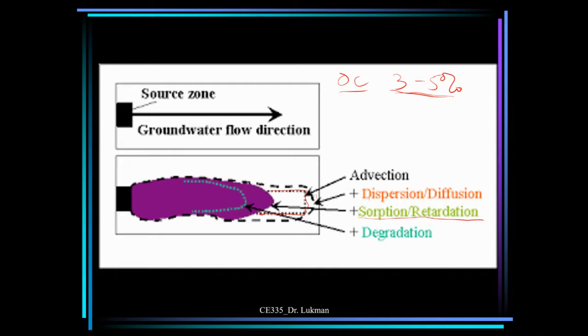And then depending on the contaminant, they can also get degraded. By degraded here, when your water has dissolved oxygen, in the presence of the organic content of soil and the organic contaminant, the microorganisms can feed on the contaminant in the presence of oxygen and then convert it to another form, or produce carbon dioxide and water.